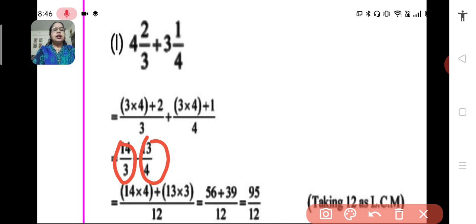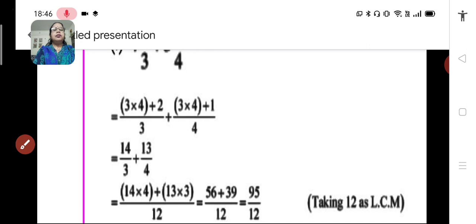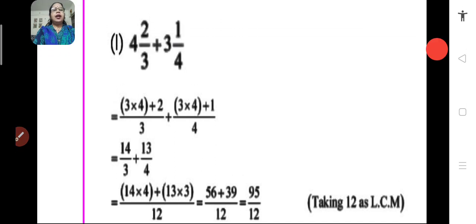By multiplying 14 by 4 we get 56, 13 by 3 we get 39, and the common denominator is 12. By adding the numerators we get 95 upon 12 as the answer. So when we add these two mixed fractions, 4 2 upon 3 and 3 1 upon 4, we get 95 upon 12 as the answer.